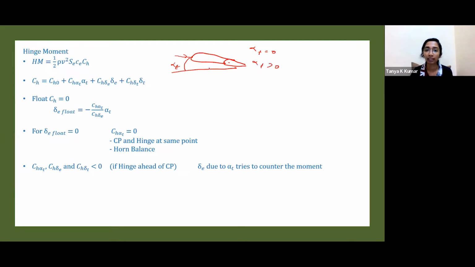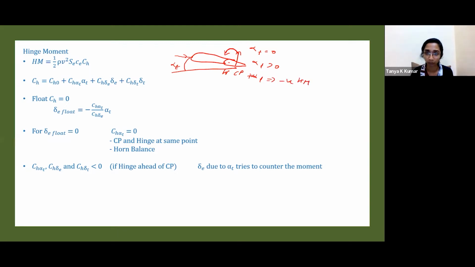And when this angle of attack increases, there is a lift generated at the center of pressure of your elevator. This lift produces a moment about your hinge point. This is the center of pressure and this is the hinge point. So for a positive angle of attack, you have a nose down moment. So for positive alpha t, you have negative hinge moment.